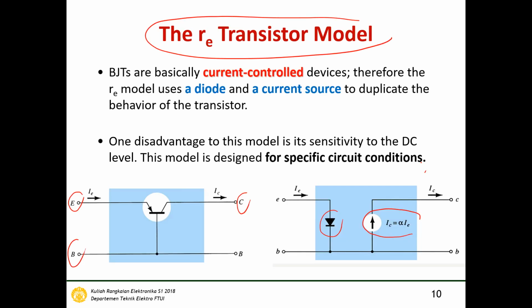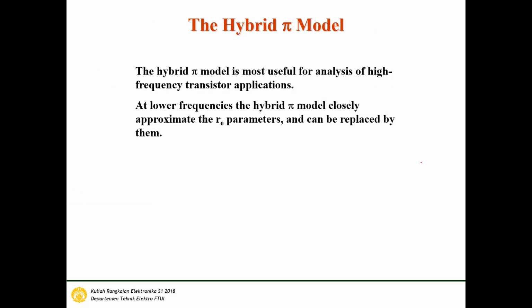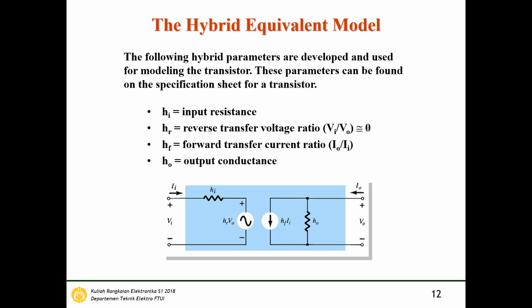And then another model is the hybrid pi. Hybrid pi is most useful for analyzing high frequency transistor amplifiers. At lower frequencies, the hybrid pi model is close to the re parameter, so we can use the re parameter for lower frequency. And this is the hybrid equivalent model.